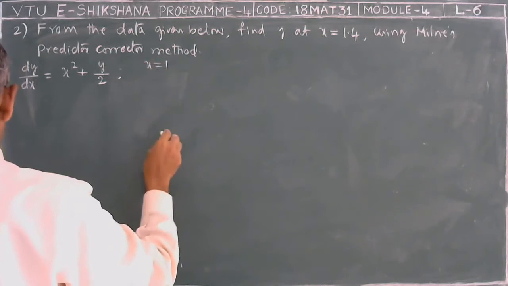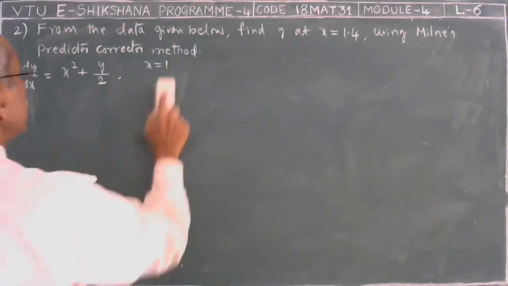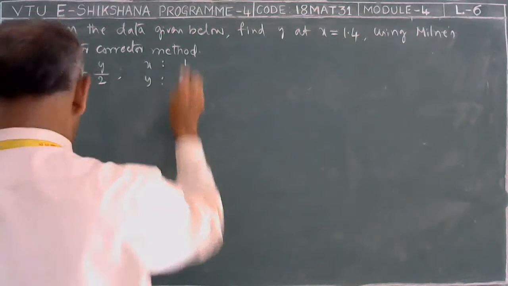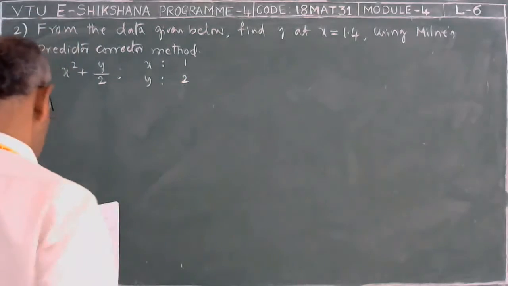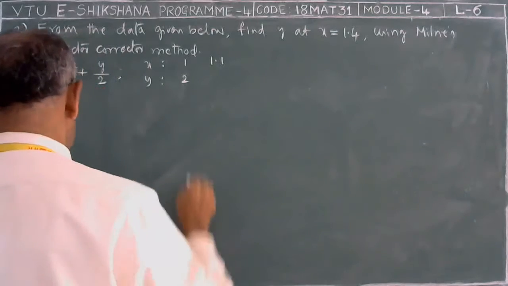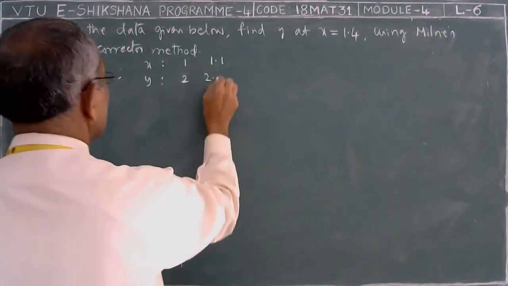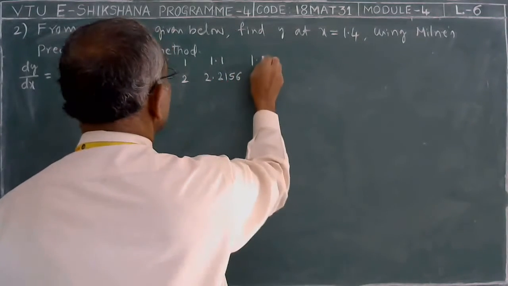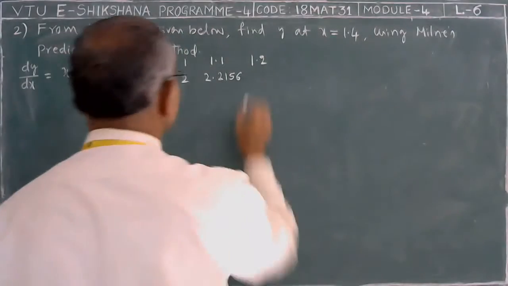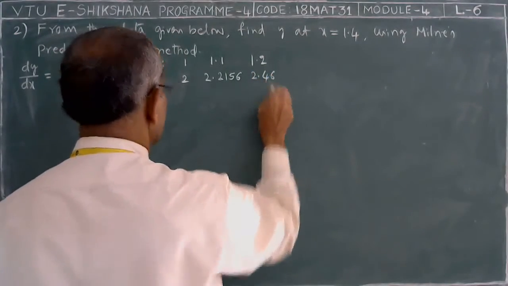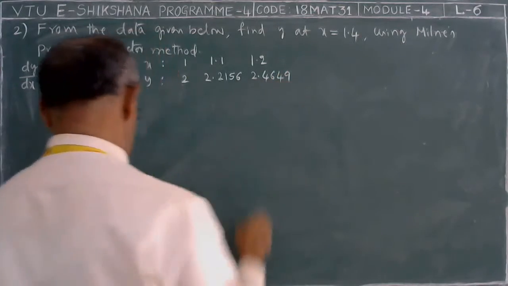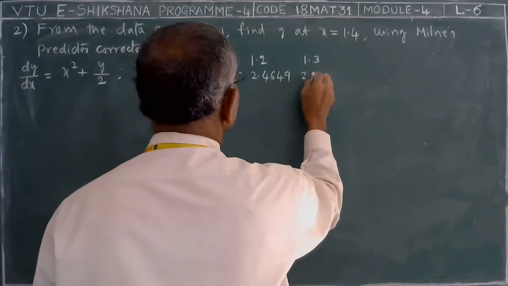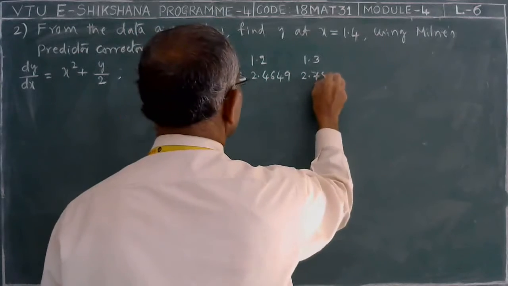Values of x and values of y: x is equal to 1, corresponding value of y is 2. 1.1, 2.2156. 1.2, 2.4649. 1.3, 2.7514.